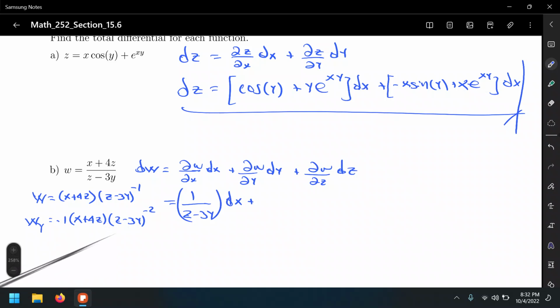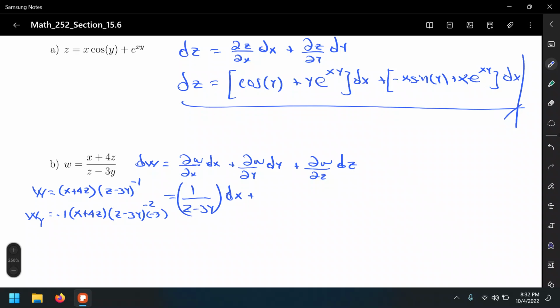What's the derivative of this quantity with respect to y? Negative 3. Okay, but negative 3 times the negative 1, isn't that going to become positive 3? And this negative 2 can be sent down to the denominator with positive exponent. So this will be x plus 4z times the 3 in the front over z minus 3y quantity squared, and that's going to be our derivative with respect to y.